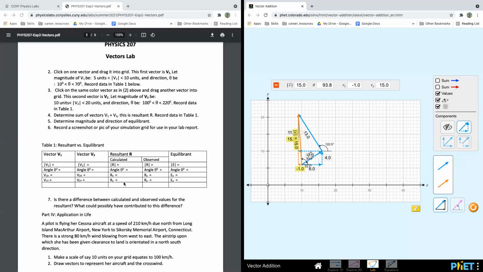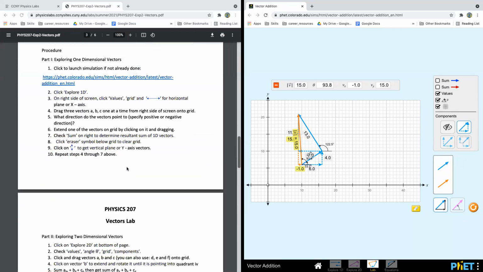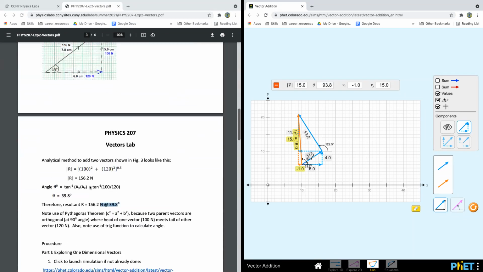Since you know the Rx and Ry, you will do the square root. Remember, we have an equation here. Let's say we know X is -1 squared plus 15 squared, and do the square root. So the resultant will be 15.